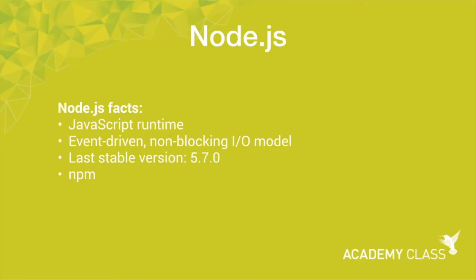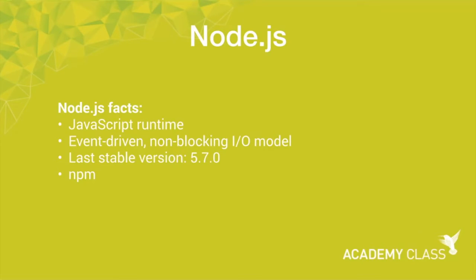A short introduction to what Node.js is. It's just a JavaScript runtime. It allows you to run JavaScript code on the server. It is event-driven, non-blocking, and uses the I/O model. So basically it means that it's really fast.